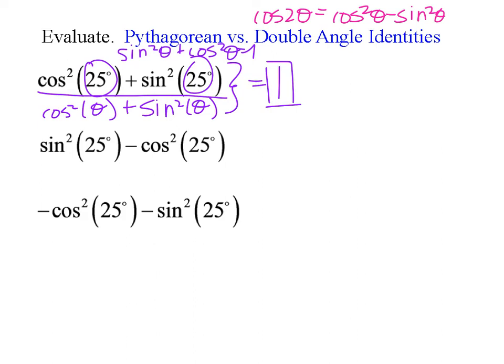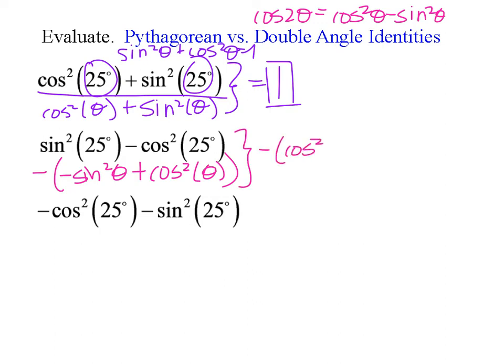Okay. So what you're going to want to do then, if it doesn't look like either version, see if you can factor out a negative. So in this case, we're going to factor out a negative 1. So that would mean we'd have to multiply by negative sine squared plus cosine squared. So now if we rearrange, we have negative cosine squared theta minus sine squared theta.